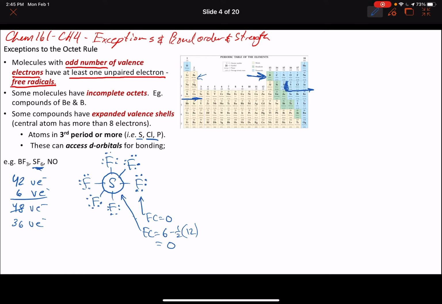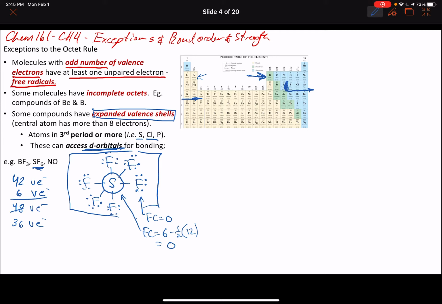So this is the correct Lewis structure for SF6, where we've expanded the valence shell, taking advantage of d orbitals formally, and been able to accommodate well past the 8 electrons in the environment of the sulfur. Okay, so there's some examples.